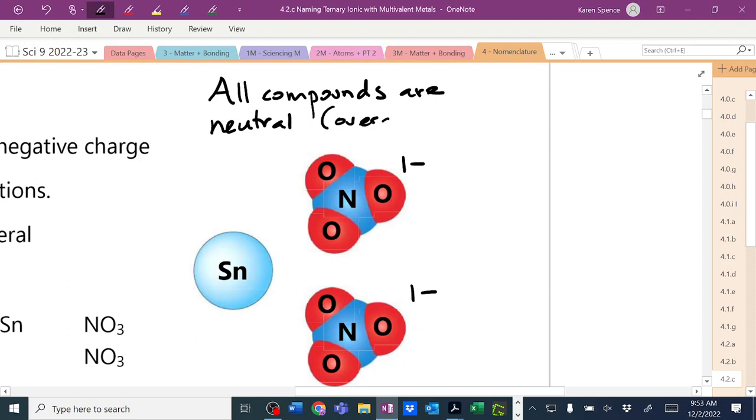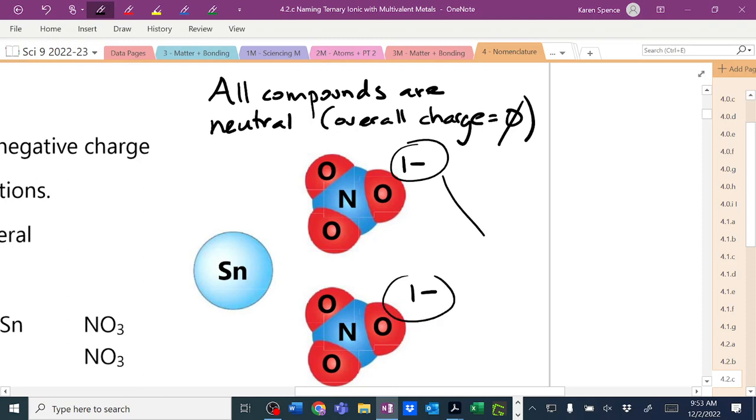The overall charge is equal to 0. So if I have a +1 and a -1 and a -1, what do those two make together? They make 2 minus. If my compound is going to be neutral and I have 2 minus, what charge do I need on my tin? I need 2 plus. And that tells me that the Roman numeral is 2.